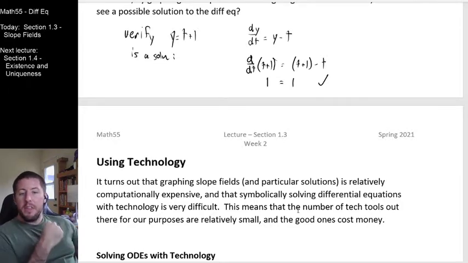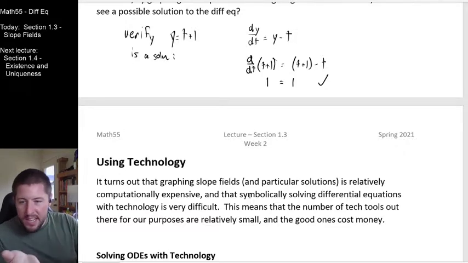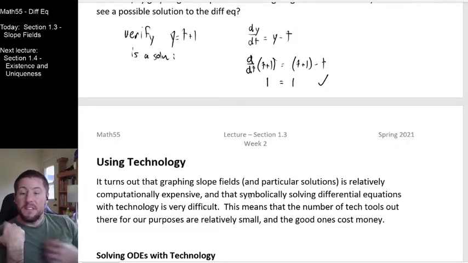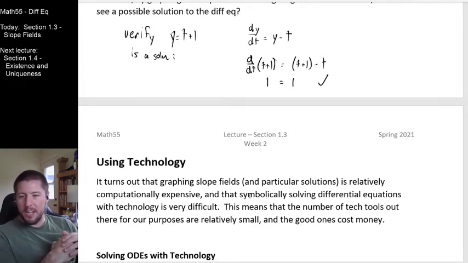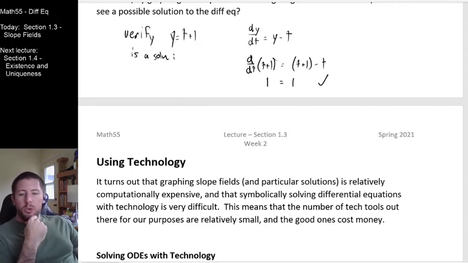The other thing is that symbolically solving differential equations, like giving it t's and y's and expecting back t's and y's, is very technologically difficult. It's hard to write programs that are competent at handling variables rather than quantities. What this means is that the number of tech tools that are out there for our purposes are relatively small, and the good ones cost money because they take a lot of really smart people to build.